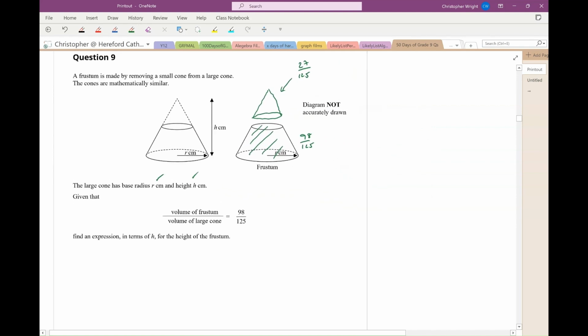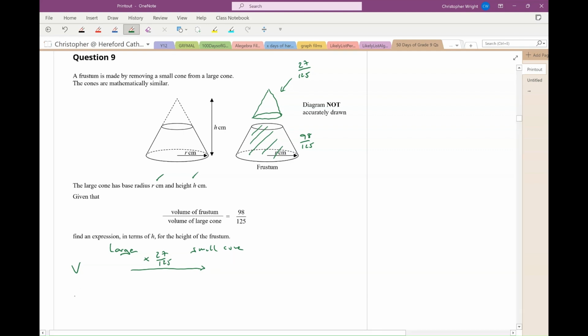So, if I were to think about the volume here, and let's take the large cone and the small cone, the one I've cut off, then I would multiply by 27/125ths there to go from volume of the large to volume of the small.